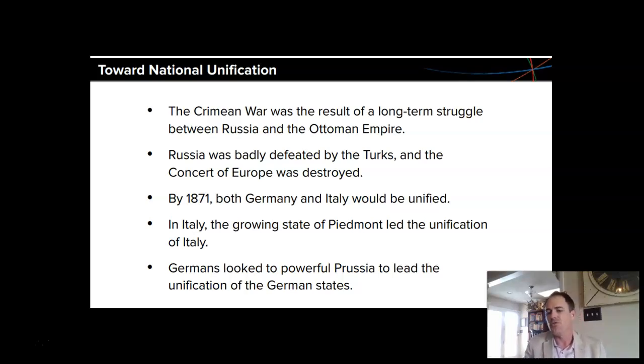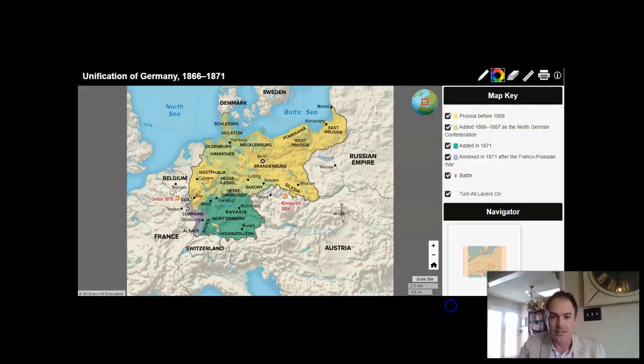Plus, in 1871, two huge unifications happened: the unification of Italy, led by the state of Piedmont, and the unification of Germany, led by the state of Prussia. And let's look at some maps. So you see here the steps to the unification of Germany. Some parts annexed, some parts won as a result of key battles.